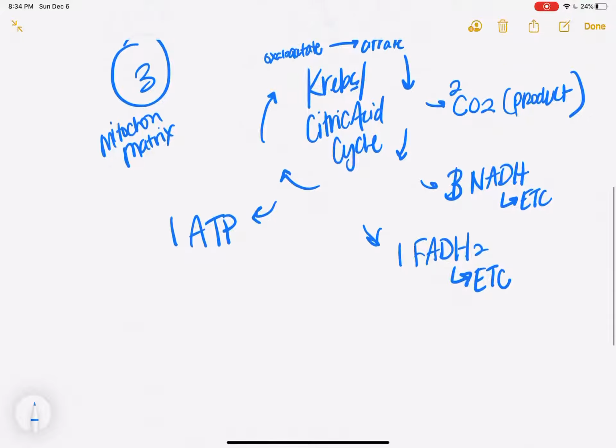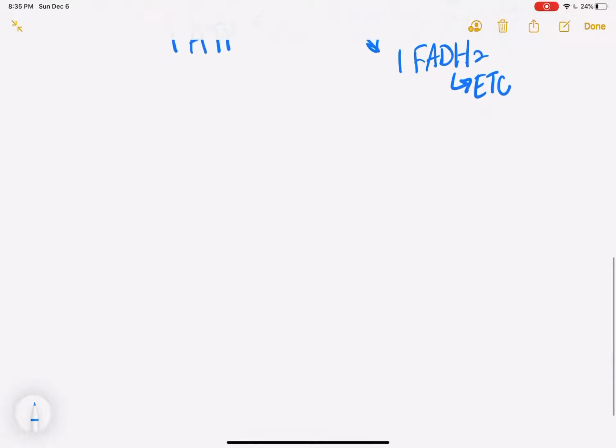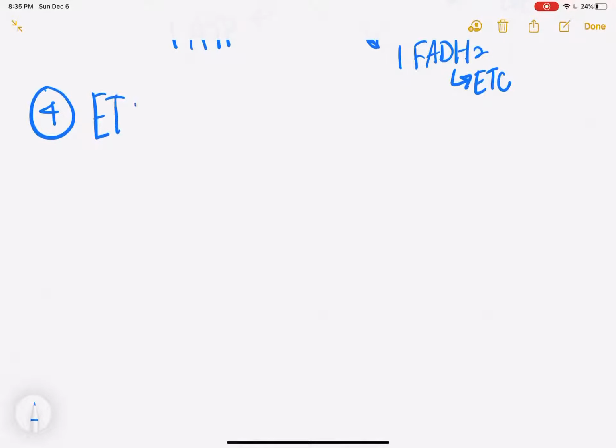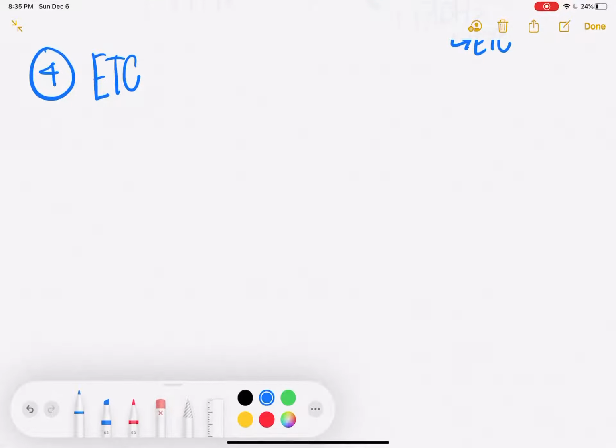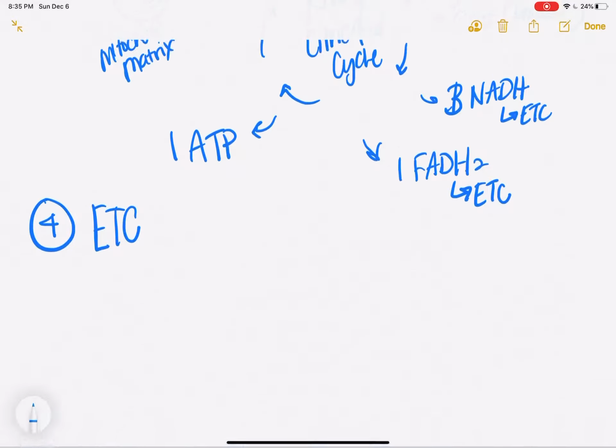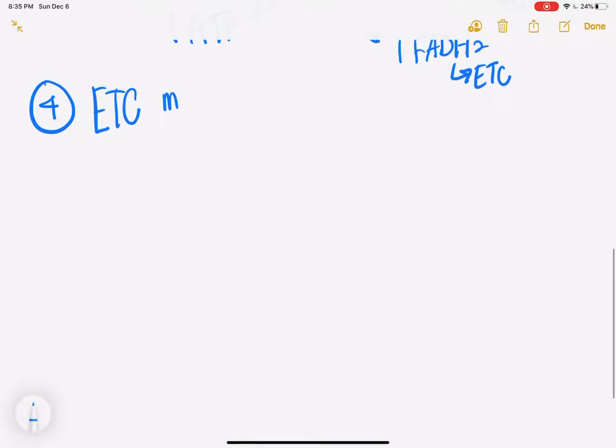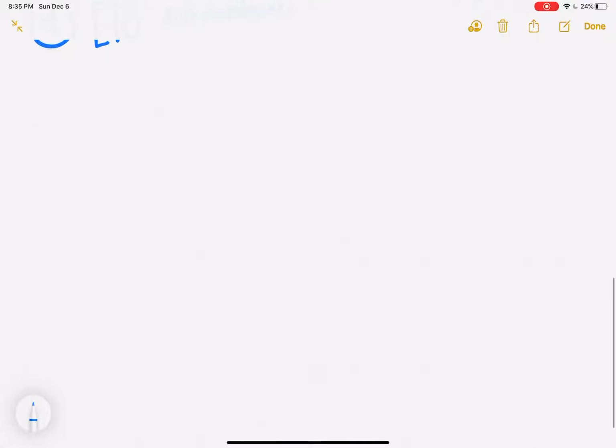Okay. And in this 4th step, I want to leave plenty of room. We have the electron transport chain. So again, this is happening in the mitochondrial membrane. Okay.